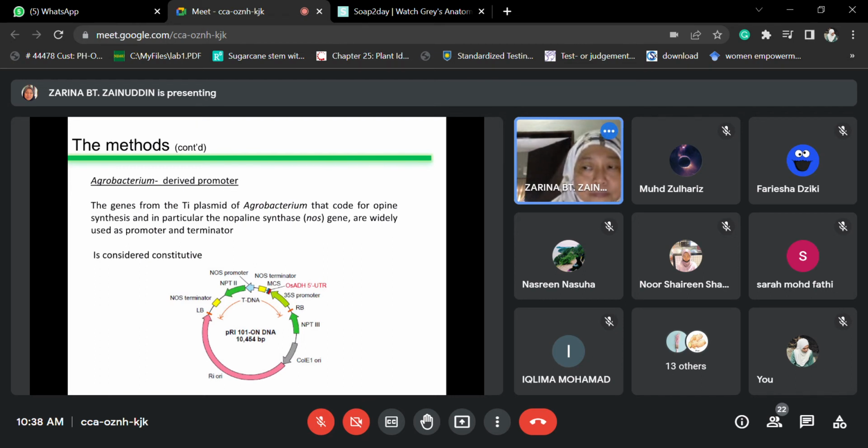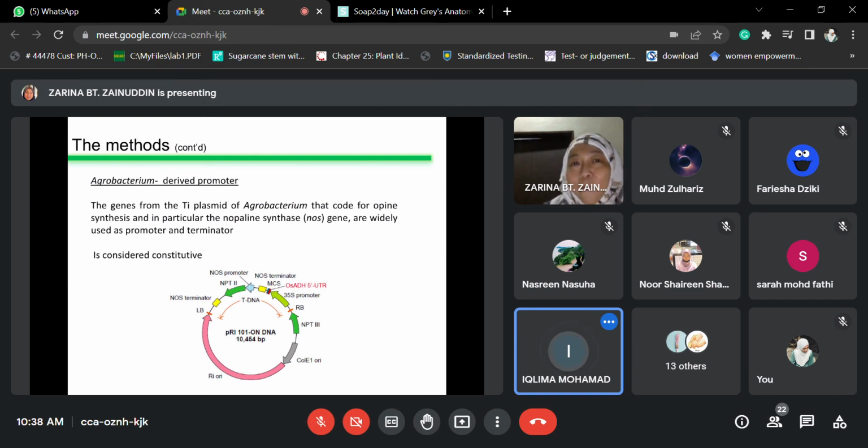Apa dia promoter? Untuk nak bind dekat DNA region tu, lepas tu baru boleh masuk kan. What is a promoter? Okay, this is very basic tau. That's why saya kata genetics ni you kena ada asas plant biochem semua tu.